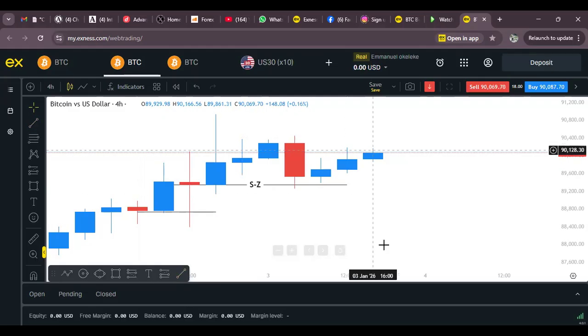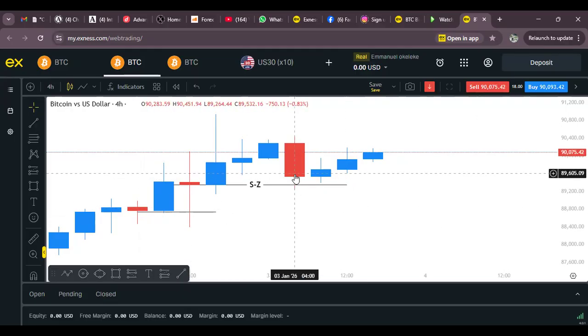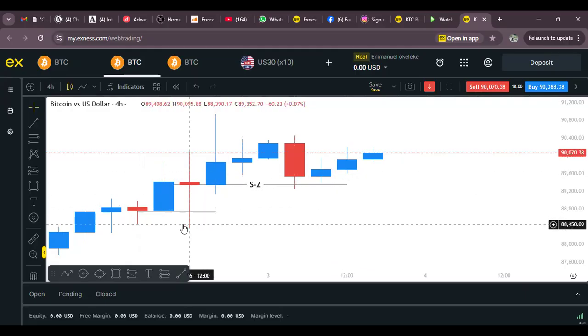So, what about the situation where that rejection candle, the first rejection that happened, let's say it didn't reject on that zone. Let's say that rejection didn't happen. It's just the zone.